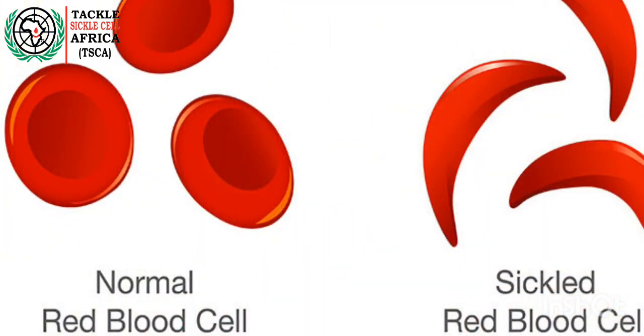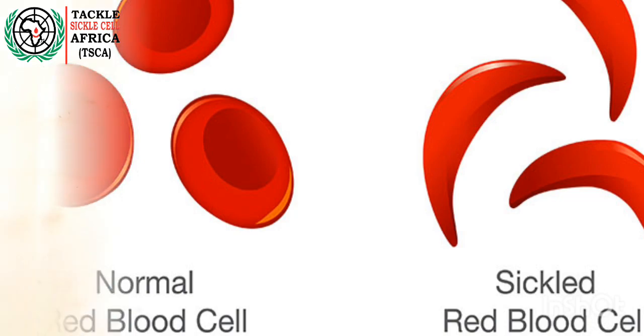And another thing is that such a sickle shaped red blood cell does not live for long. Instead of 120 days for a normal red blood cell, this sickle shaped red blood cell lives for only around 10 to 20 days. This means that this red blood cell will break down and be eliminated from the body before the Plasmodium falciparum completes its life cycle. And that is how malaria can be really controlled in people with sickle cell trait.